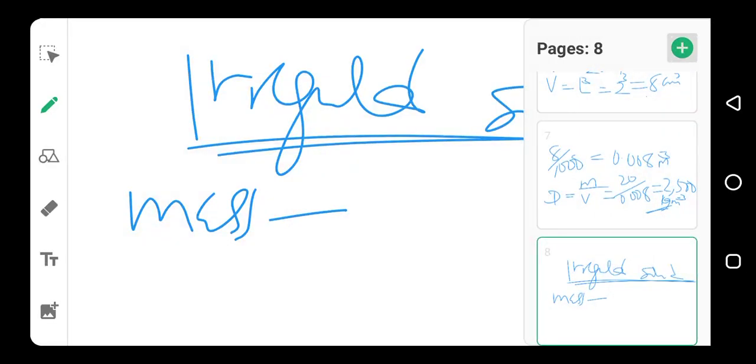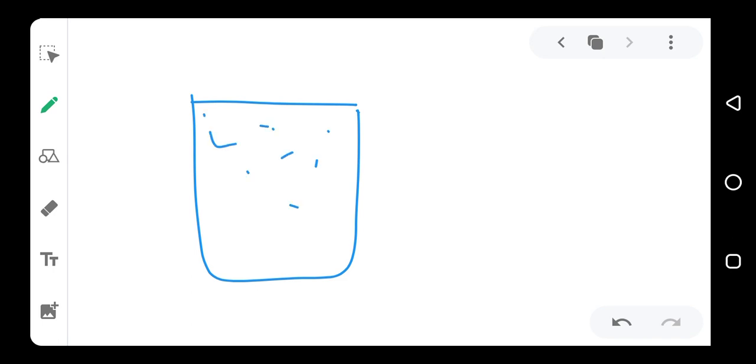What this law is saying is this: if we have a bucket filled with water, and we put anything inside this bucket, the water will start overflowing. The amount of water that overflows is equal to the volume of the solid we put inside this container of water.